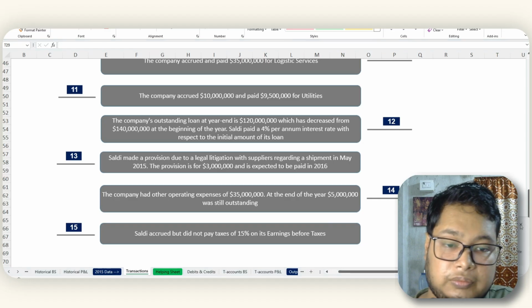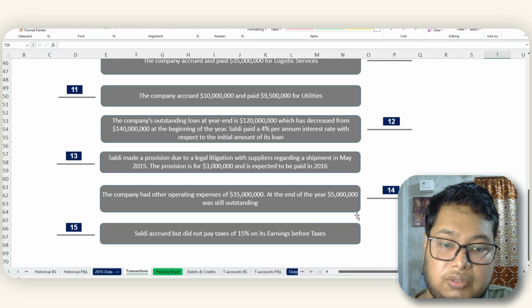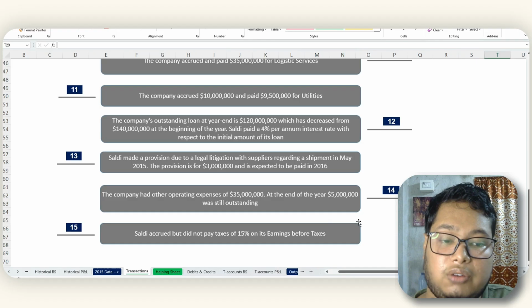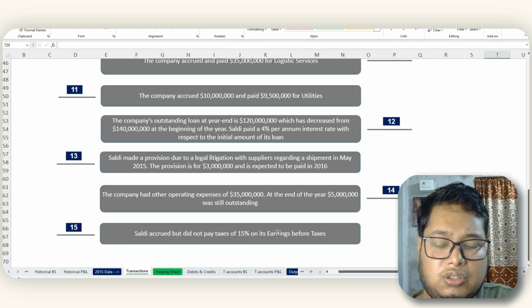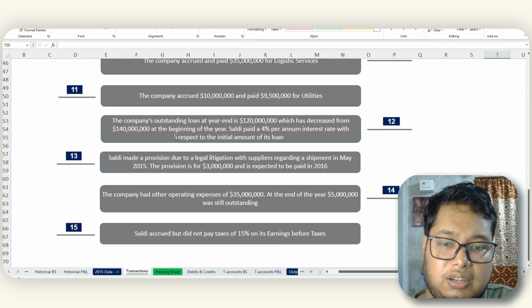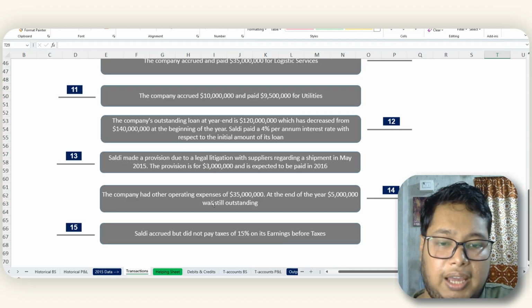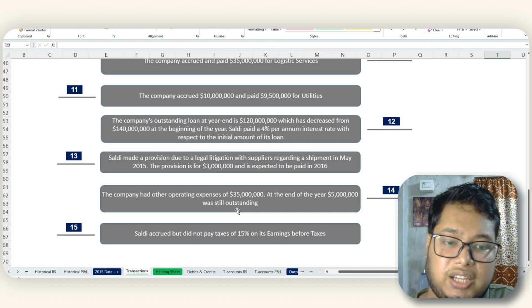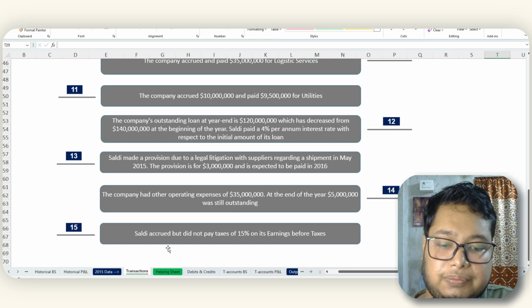The interest rate will refer to the initial amount of the loan. So there are many things that happen here: we have to calculate the interest expense, plus how much the loan has been reduced, and what the cash transaction actually is.